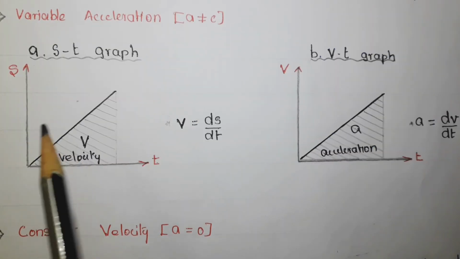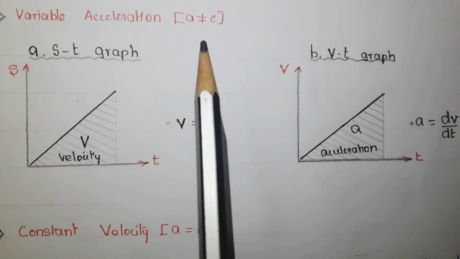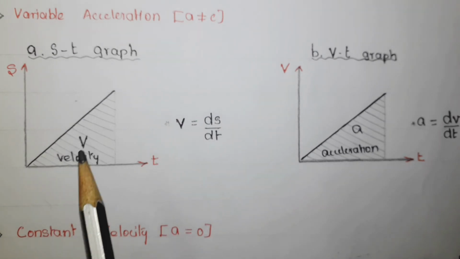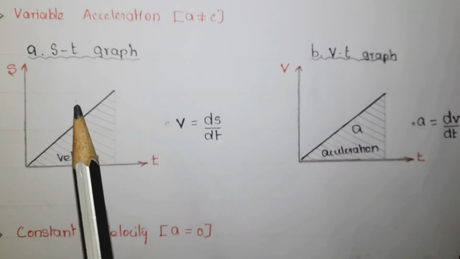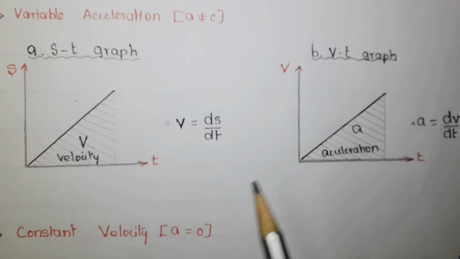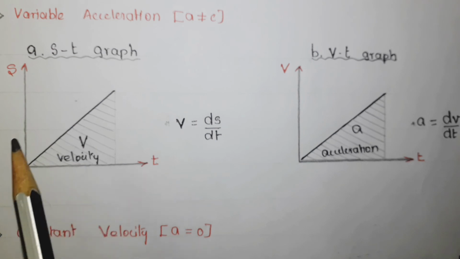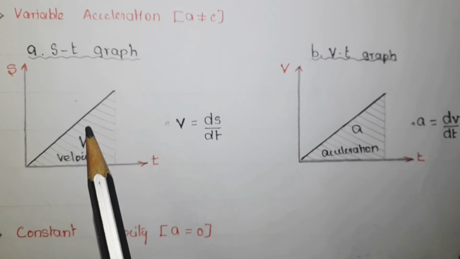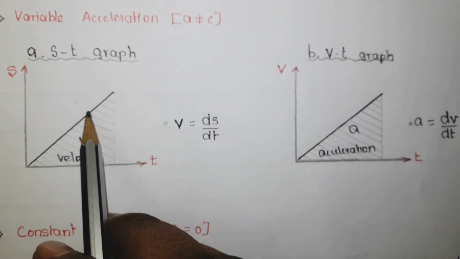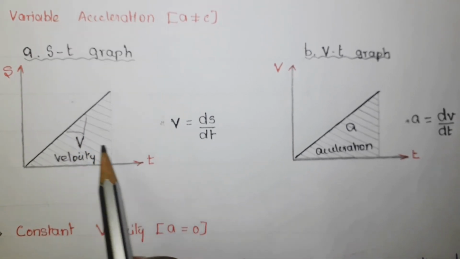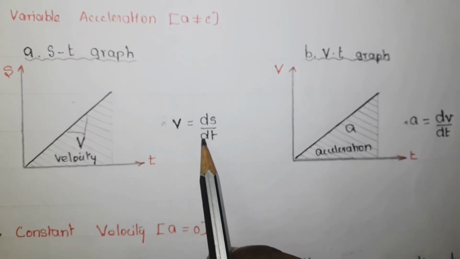Next one is variable acceleration, where the acceleration is not constant throughout the motion. Let me draw two graphs, one between displacement and time, another between velocity and time. Here is the curve in the s-t coordinates, where the slope is nothing but v equal to ds by dt.